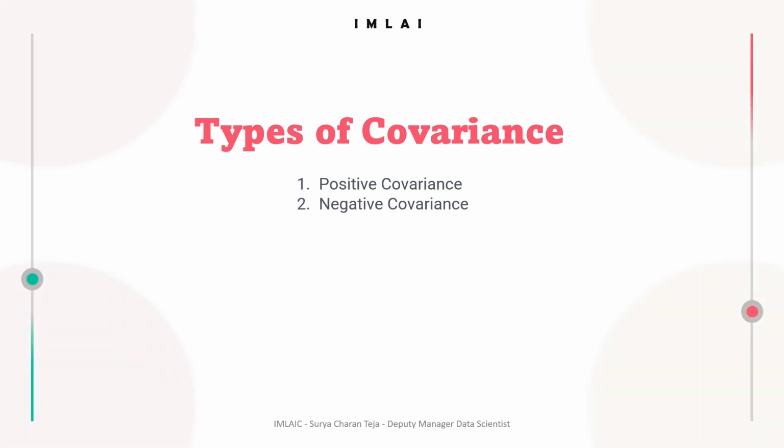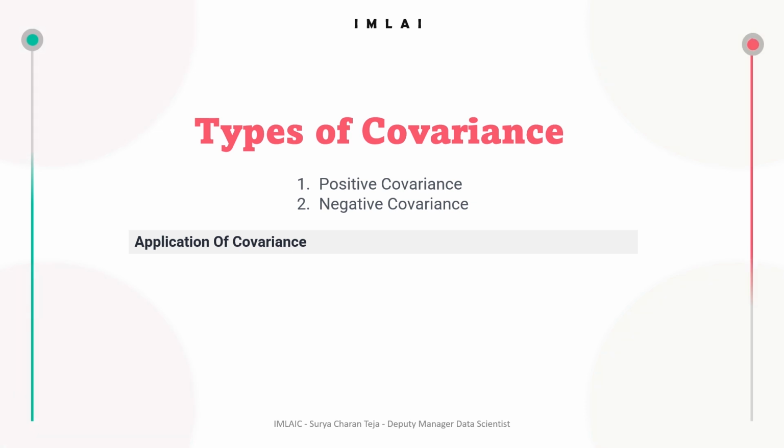Again, if it is positive covariance, larger or smaller values of one variable correspond to larger or smaller values of another. In negative covariance, higher values of one variable correlate to lower values of another, and vice versa.